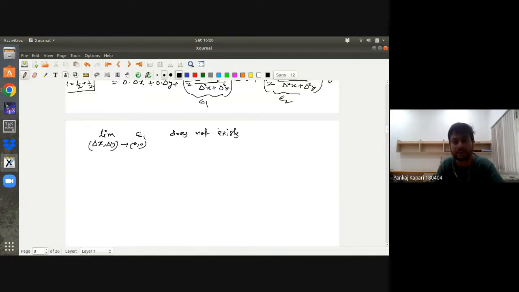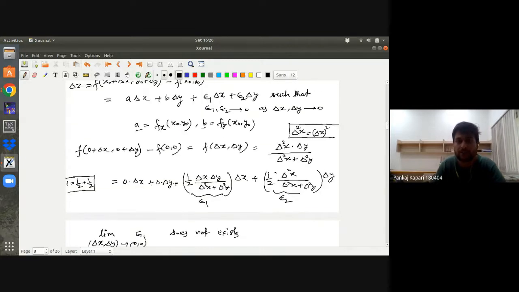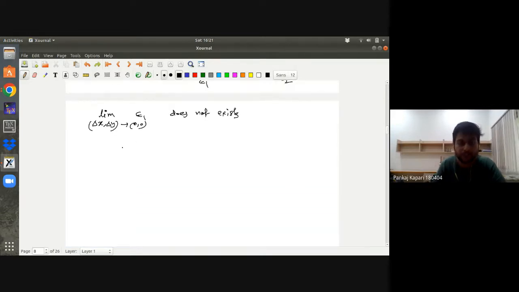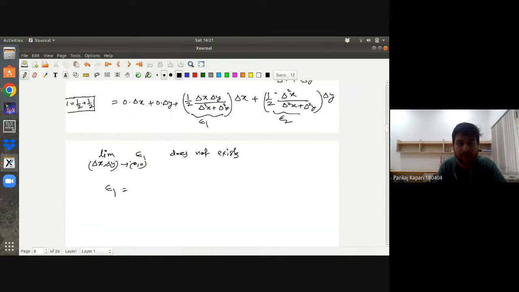Why? In the definition of differentiability, we want this limit to be 0 as delta x and delta y approach 0, for both epsilon 1 and epsilon 2. But in our case, epsilon 1 is half of delta x delta y divided by delta square x plus delta square y.